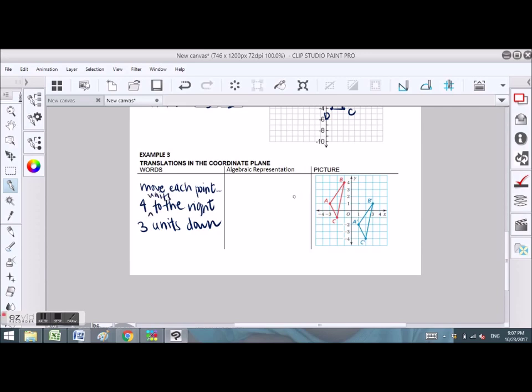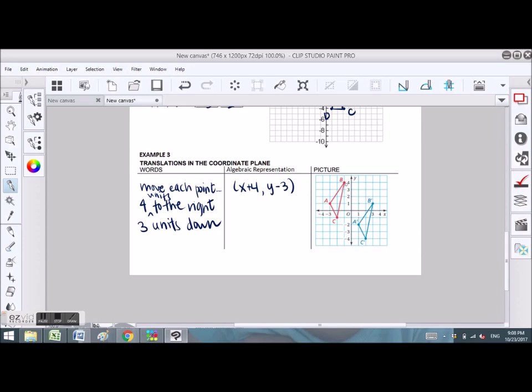So remember that when it's to the right, we know that it's positive, and we're talking about the x value. So our algebraic representation would be x plus 4. And for y, 3 units down would be negative, so y minus 3. And even though we just picked one point, it's going to be true for all of the points.